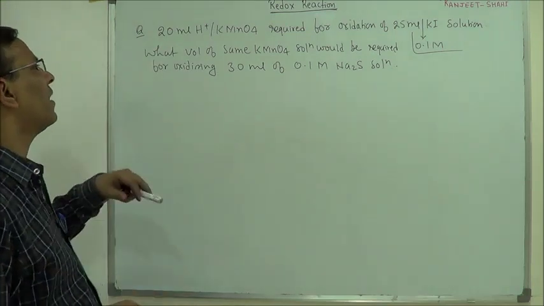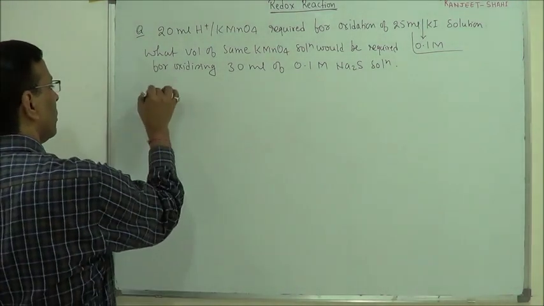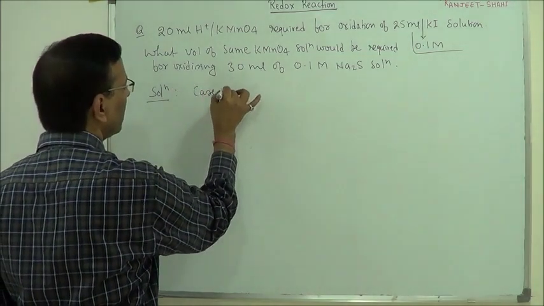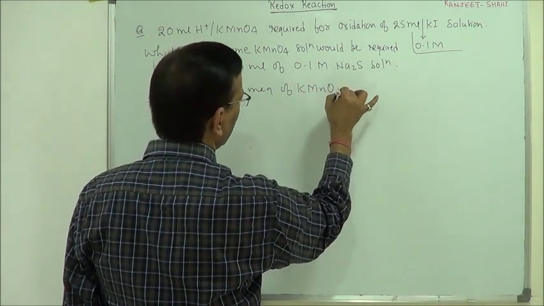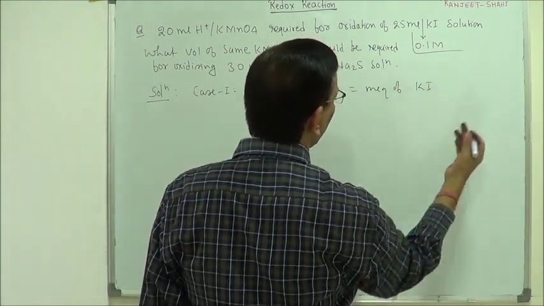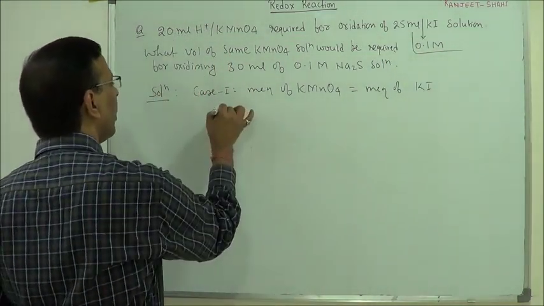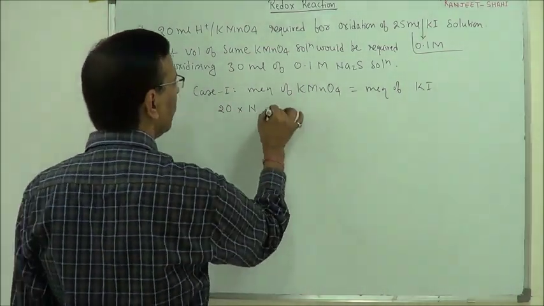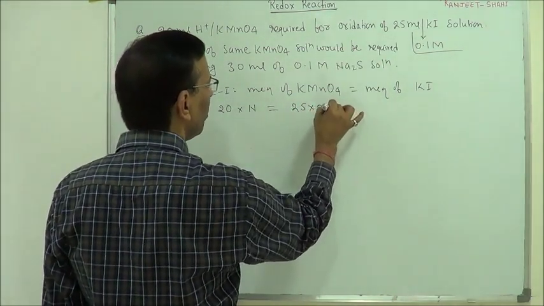From the first information, we can determine the normality of potassium permanganate. So, milliequivalent in case 1: milliequivalent of KMnO4 is equal to milliequivalent of KI. For KI, n factor is 1, so its molarity is also its normality. So 20 volume into normality of potassium permanganate will be equal to normality into volume, 25 into 0.1.